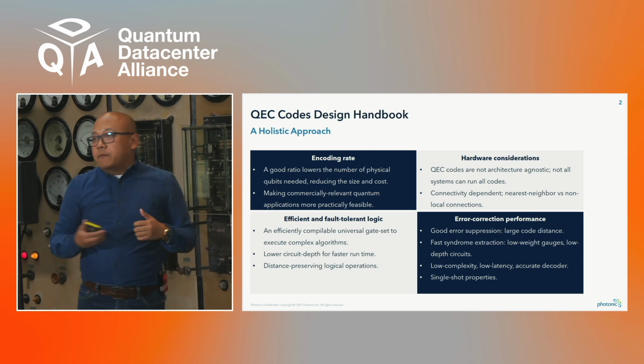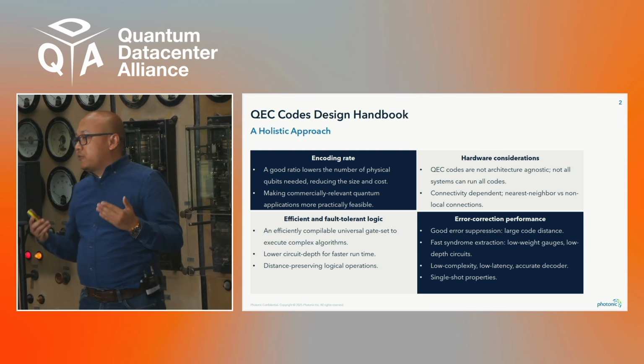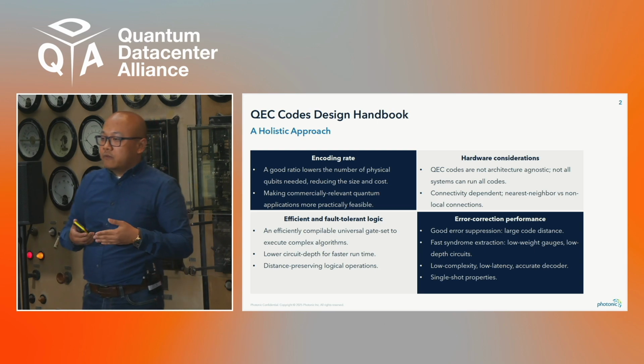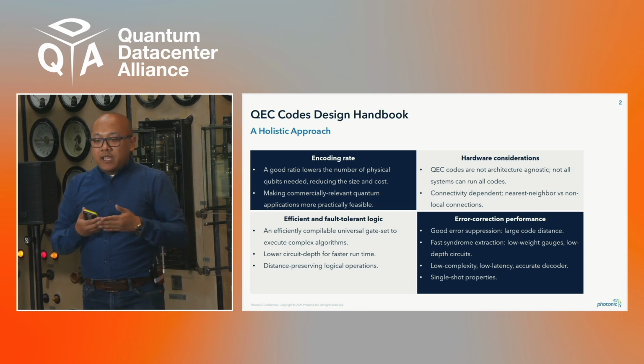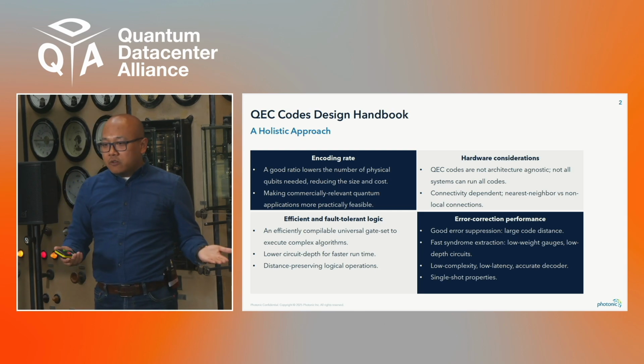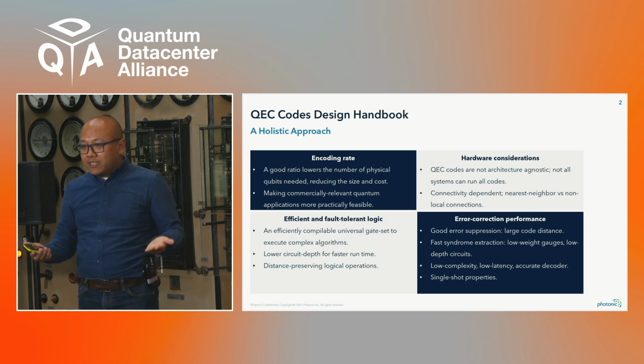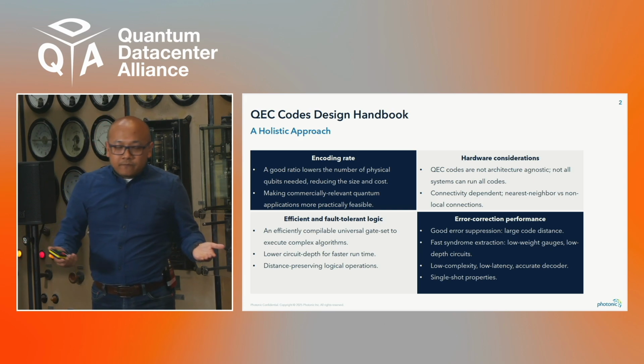Because if my encoding rate is great, much better than surface codes, the problem is that if you cannot do logic efficiently with your codes, then whatever the overhead advantage of your quantum error correction codes, if you cannot compile efficiently, it will be swallowed by the overhead of doing logic.